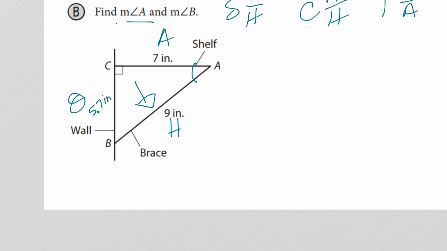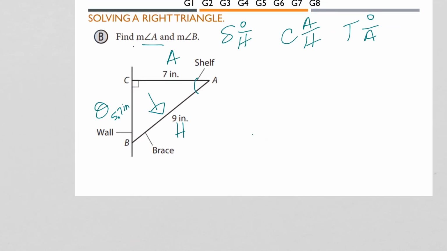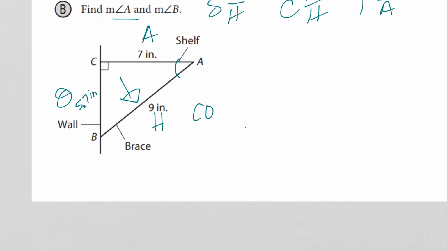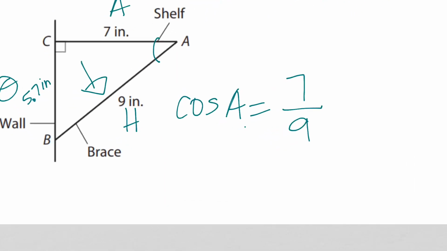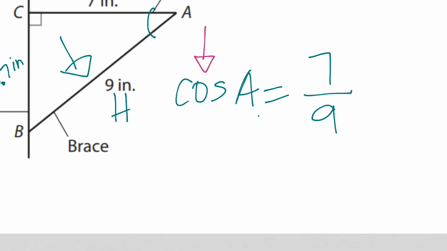It doesn't matter if I use sine, cosine, or tangent, because I have all the values, but I'm going to use cosine. So cosine of angle A is adjacent divided by the hypotenuse. Now I want to find the angle measure, so remember, you have to get rid of cosine.